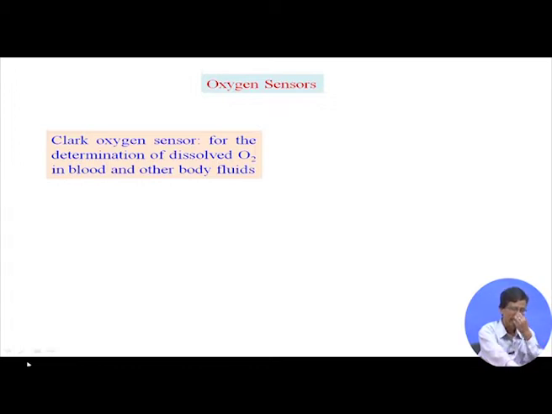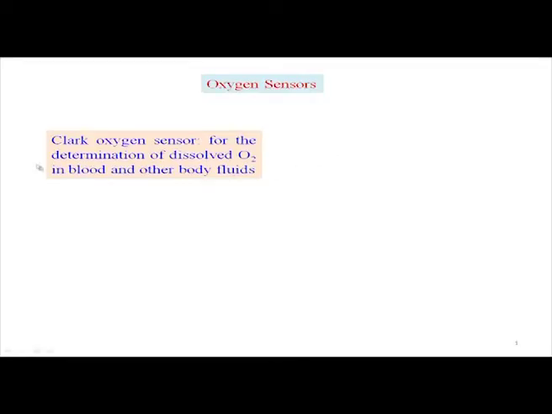If you have a handy electrode or sensing device, you can determine the amount of oxygen in the water you are putting in your aquarium also, because an aquarium has some amount of dissolved oxygen, otherwise the aquatic species living there, the fishes and other things, will not survive.